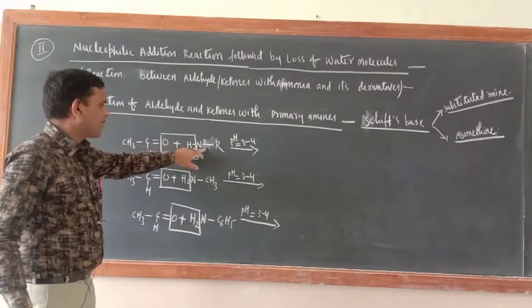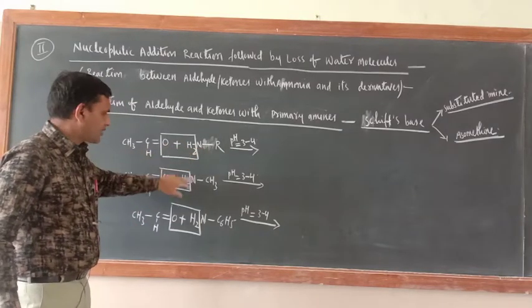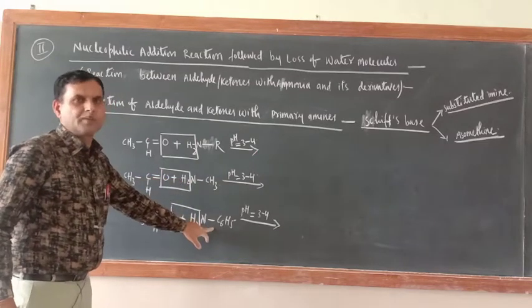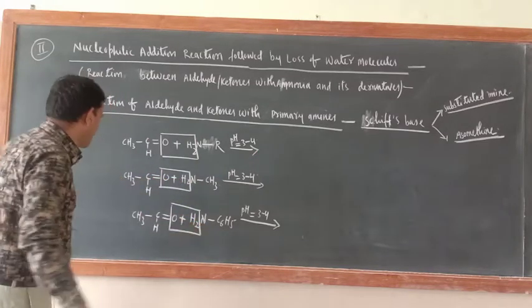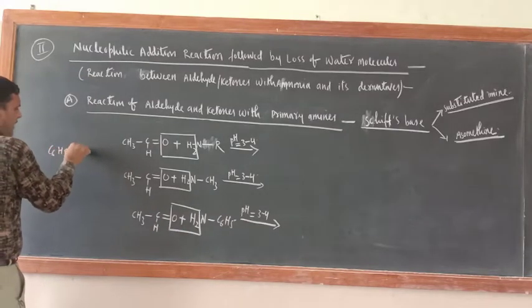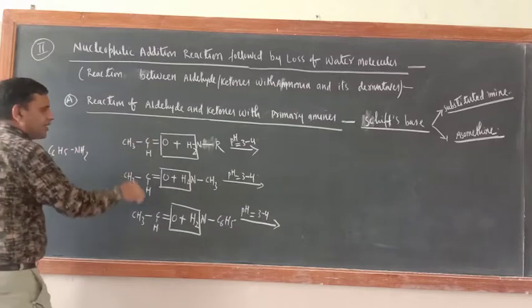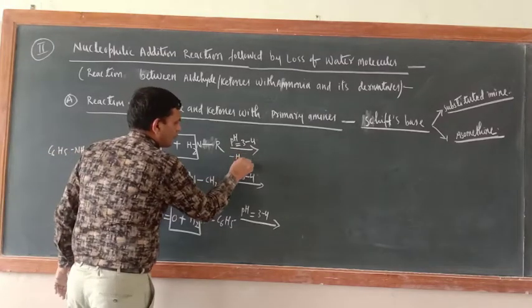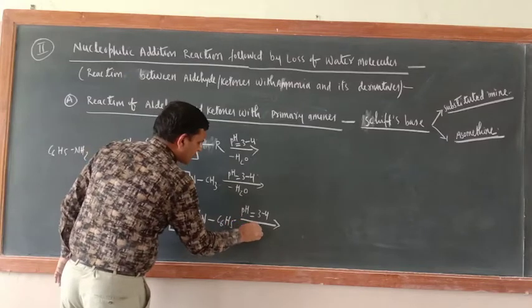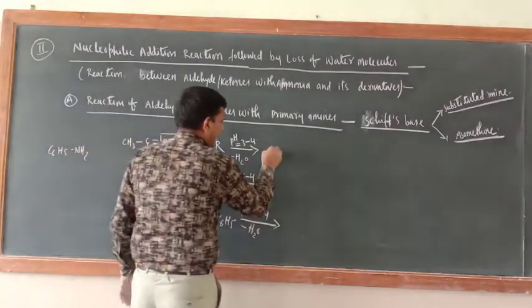This is the primary amine, general formula RNH2. This is aliphatic, and this is an aromatic primary amine, that is aniline, C6H5NH2. Here also minus H2O, here also minus H2O, here also minus H2O.